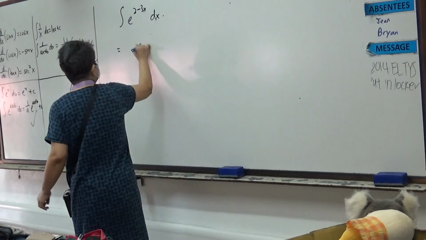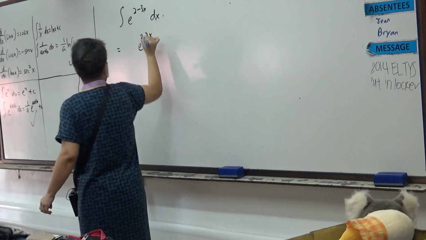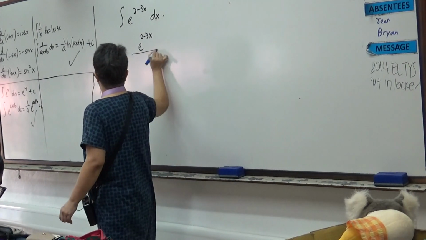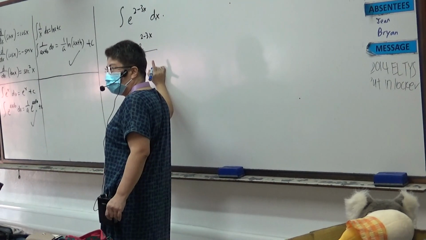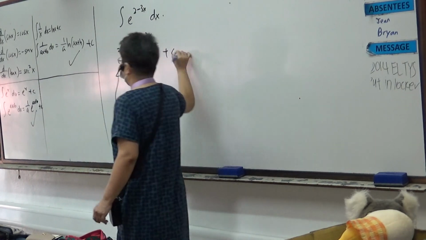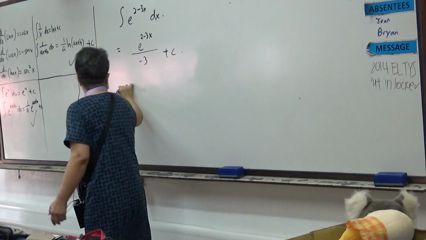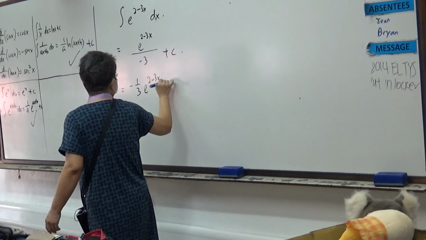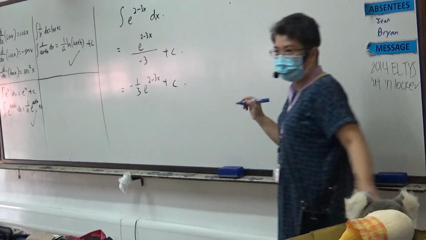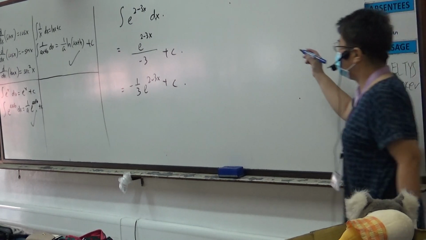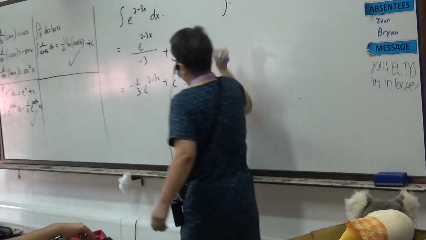I will write this, then I will divide by the differentiation of the top, what is it? Negative 3. Then I add plus c. So if you want to write it nicely, it will be like this. Can you see what I'm talking about here? Can or cannot? Okay, now we look at the next part.